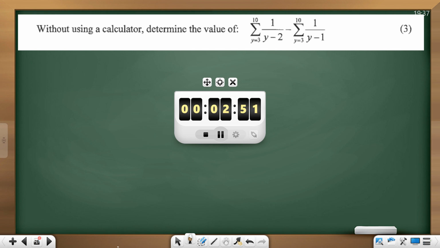Do you have an answer? Marked left, right, and center now.